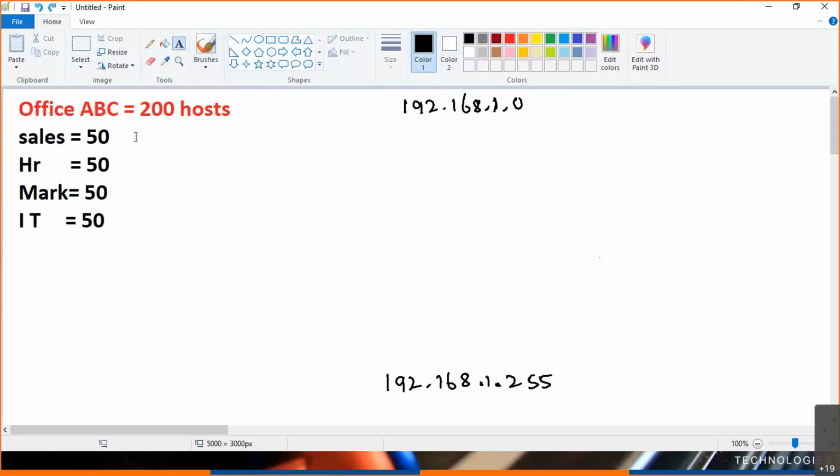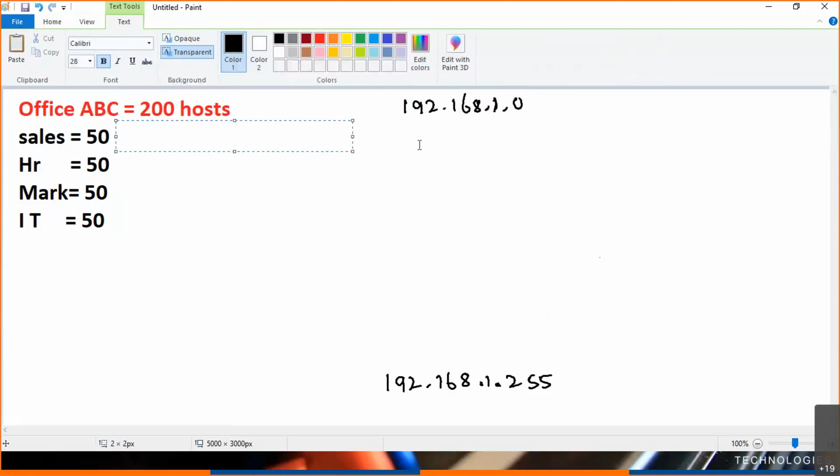So I have started to assign: for the sales department, from 192.168.1.1 to 192.168.1.50.